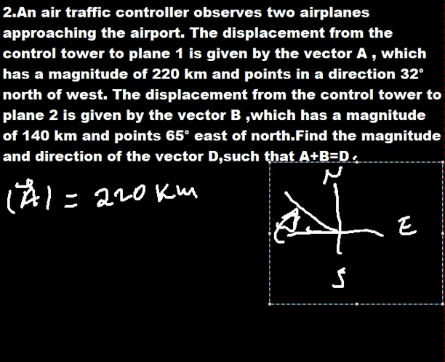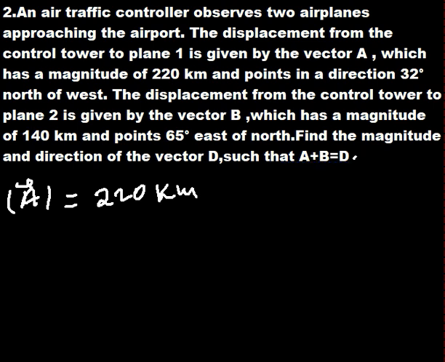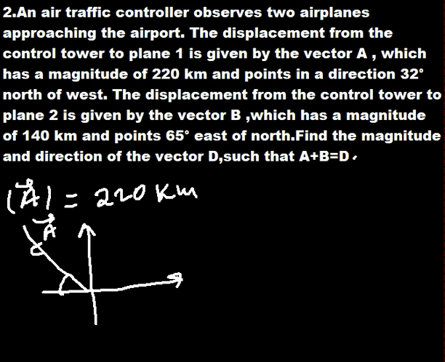Now if we see that as a Cartesian plane, this is how it will look. That particular angle will be in the second quadrant. So this is the vector A, and the angle is given as 32 degrees.